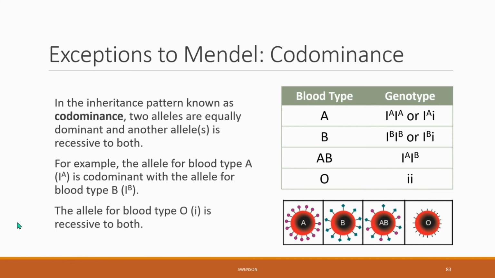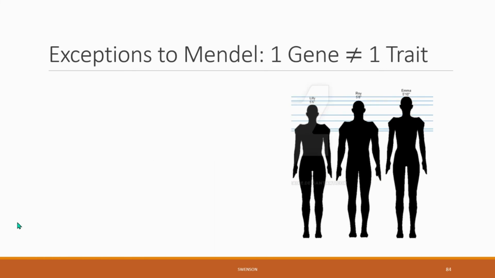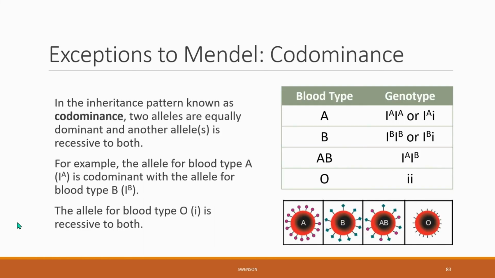The allele for blood type O, lowercase i, is recessive to both. So you won't find a person that is AO or BO blood type. If the person is O homozygous, then their blood type will be O, but not if it's heterozygous. And that's because O is recessive to A and B is dominant over O.